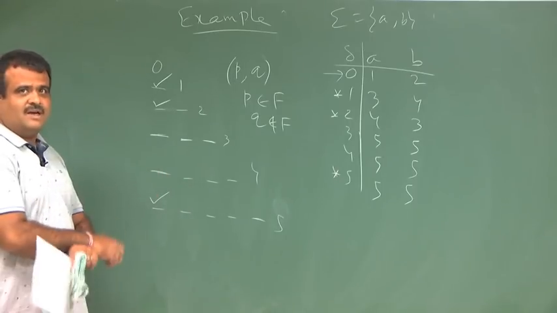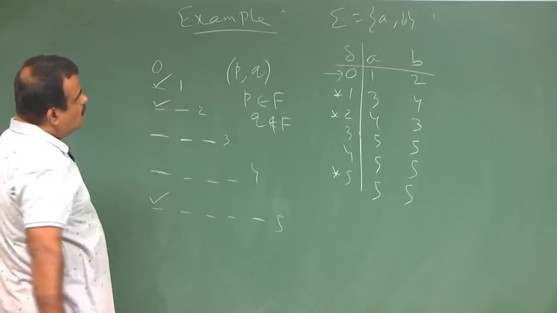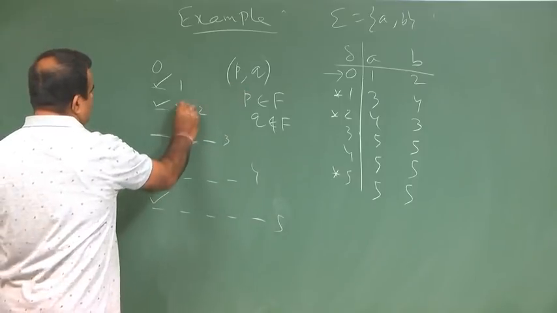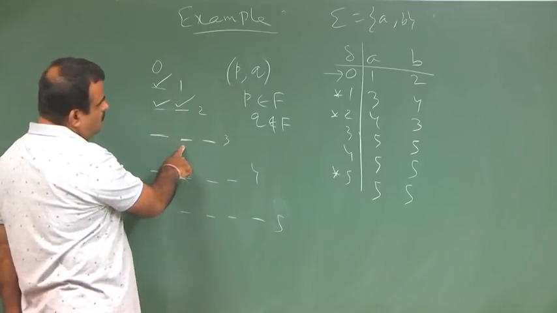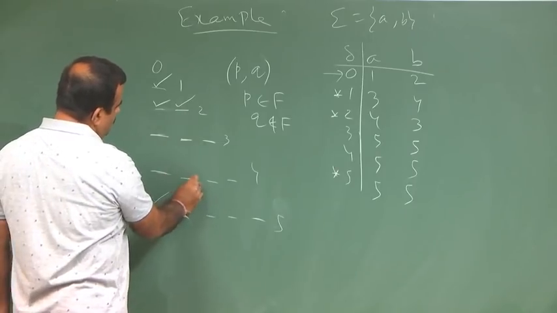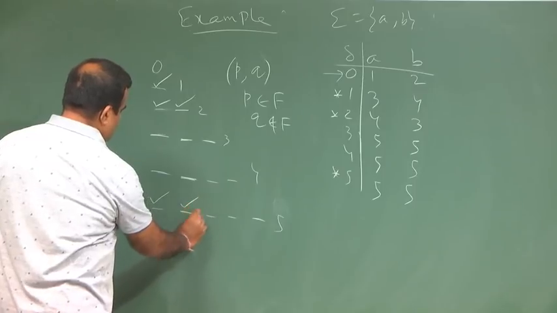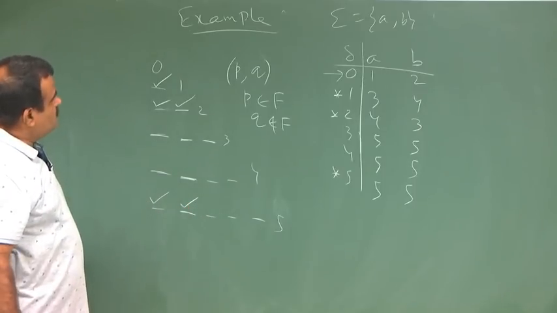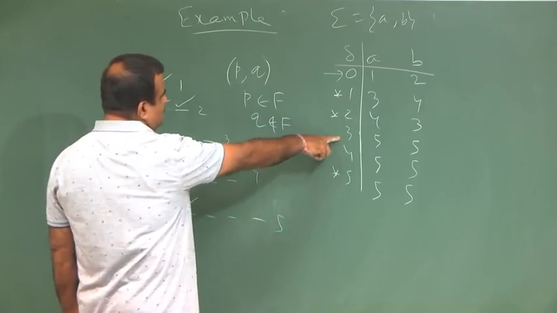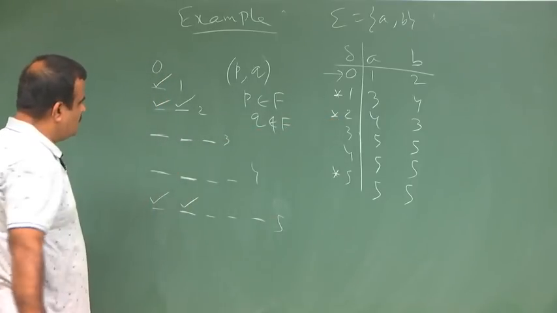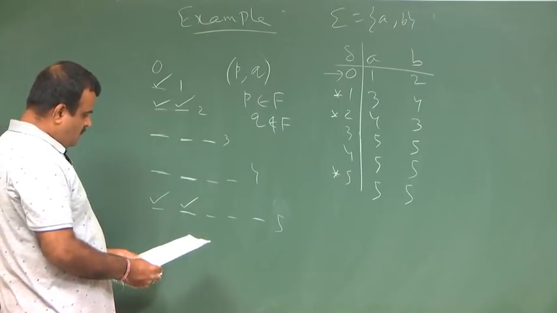So, this is the first level done, no, not done, we have to do it for this also. 1 2 in the same, both are accepted states. 1 3 no, we will not do anything. 1 4 is also no. 1 5 yes, we will mark. Then 2 3, 2 is the accepted state, 3 is the rejected state, we will not do anything. 2 4 also not do anything. 2 5 we will mark.